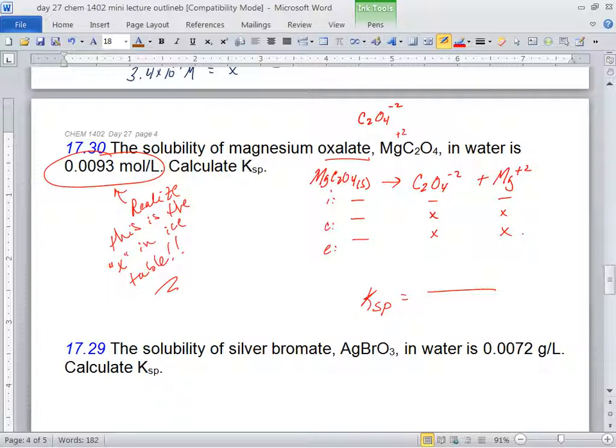So your KSP is just what expression? X squared, all over 1. So it looked like a complicated question, but it ends up being pretty straightforward in the end. So what do you put in for X? 0.0093. Not bad at all.